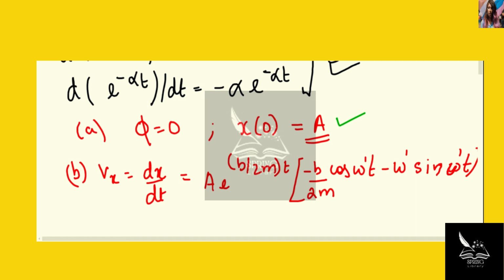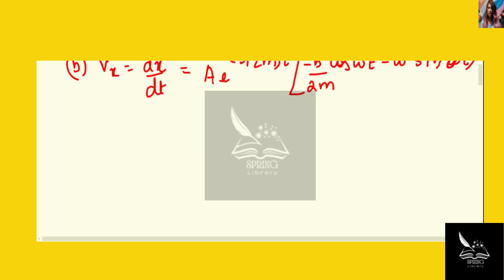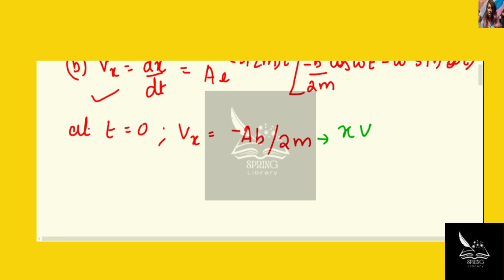Now, when we got this equation, what we are going to have is at t equal to 0. When t equal to 0, what will be the v_x? This is the equation. Putting t equal to 0 in this equation, what we get is minus Ab upon 2m. Hence, we are going to get the graph of x versus t.